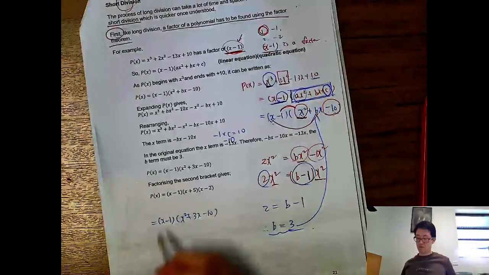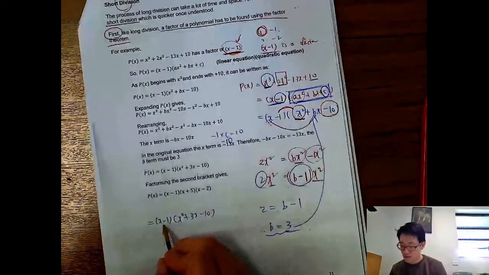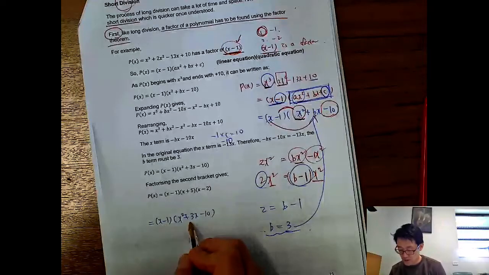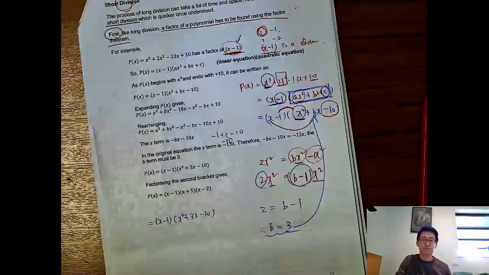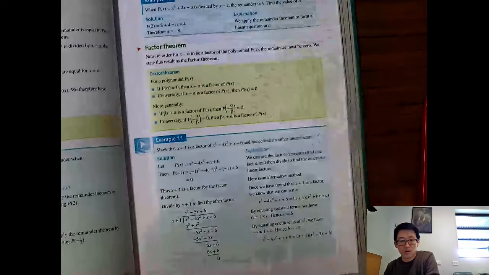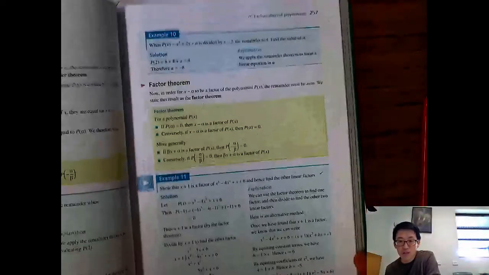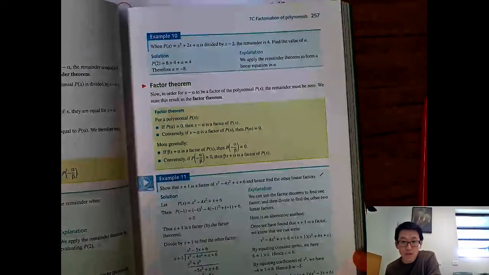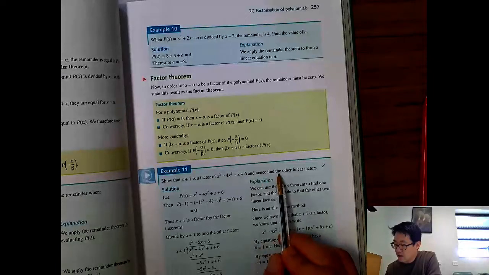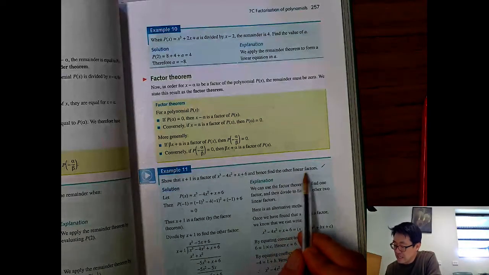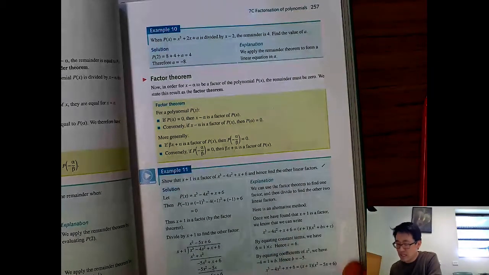So that's how I factorize it into linear and quadratic. But if the question asks, going back to page 257, look at the question: Hence, find the other linear factors. Linear factors.